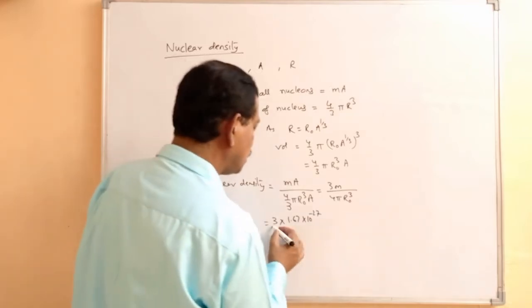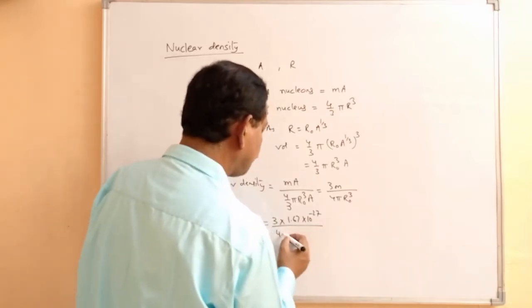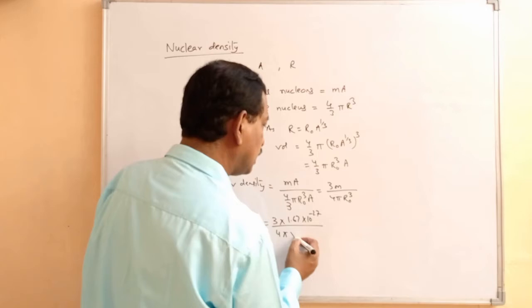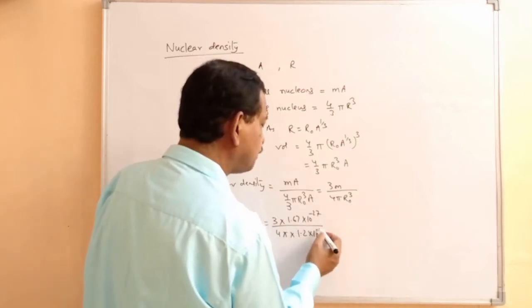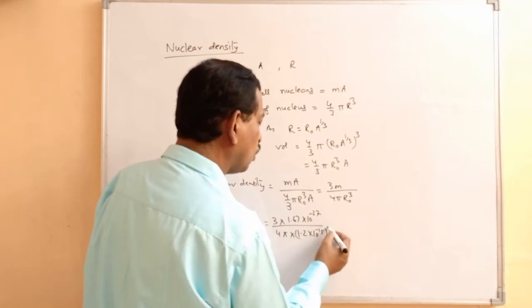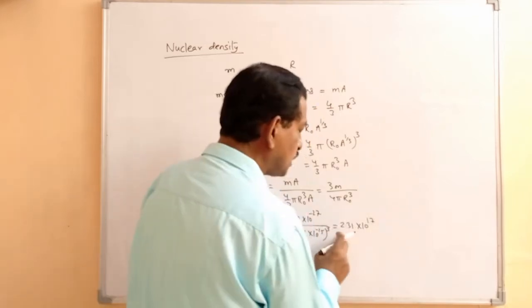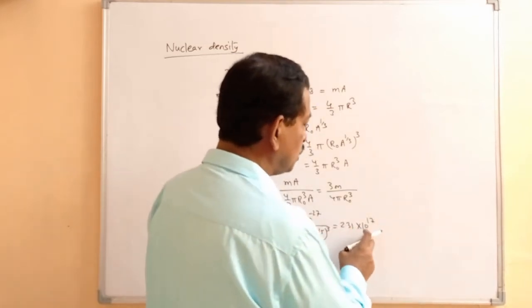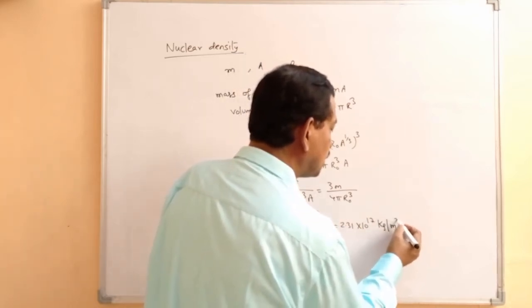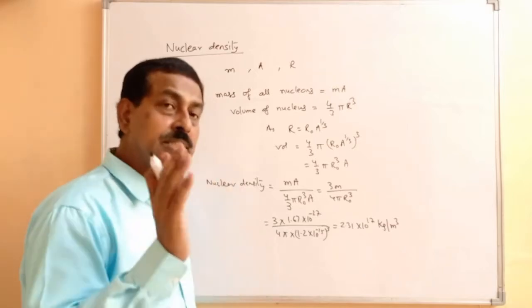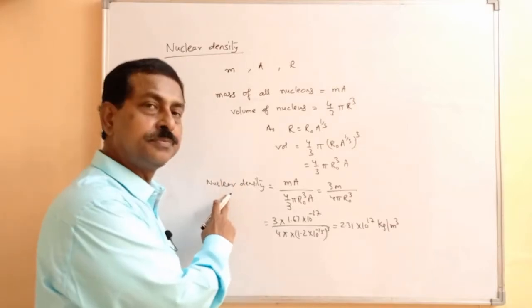So this is divided by 4 pi into R naught, we are taking the value of 1.2 fermi, whole cube. This is equal to 2.31 into 10 to the power 17 kg per meter cube. This is the nuclear density.